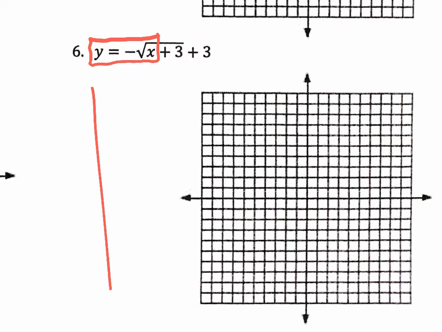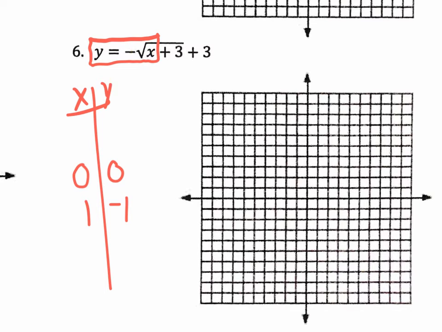And then I'm going to go to an input-output table. And I want to plug in some numbers that are nice for this square root function. So a nice number would be 0. The square root of 0 is 0. Put a negative in front of it, it's still going to be 0. Do a 1 right there. Square root of 1 is 1. Put a negative in front of it, it will be a negative 1. I want to plug in a 4 right here. The square root of 4 is 2.